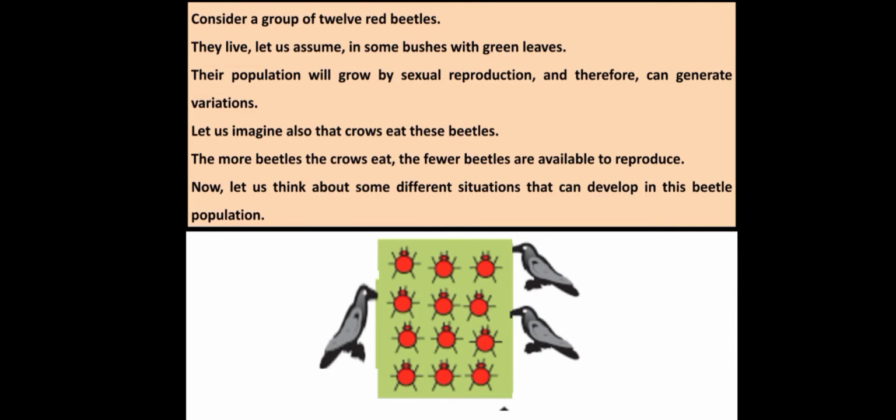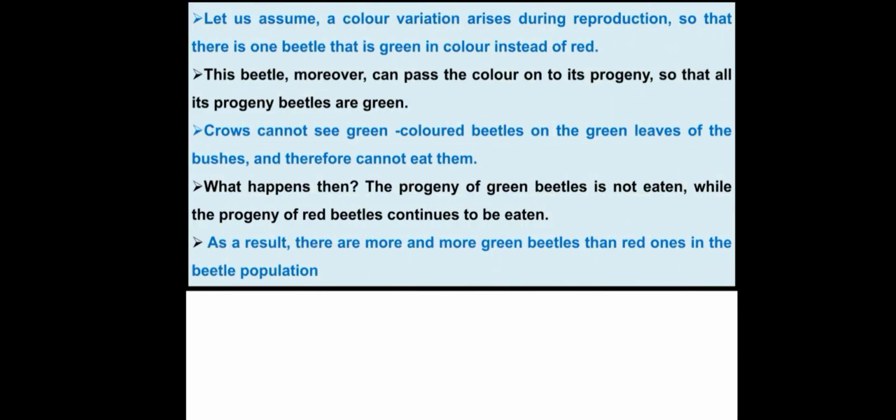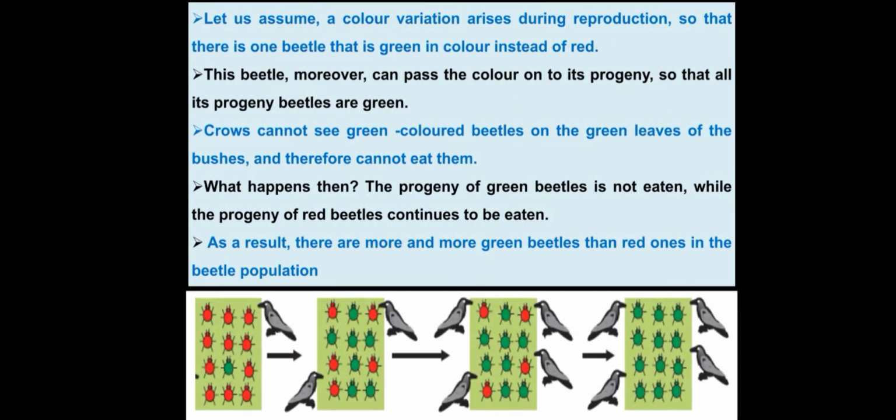Now, let us think about some different situations that can develop in this beetle population. Let us assume a color variation arises during reproduction so that there is one beetle that is green in color instead of red. This beetle, moreover, can pass the color on to its progeny so that all its progeny beetles are green.